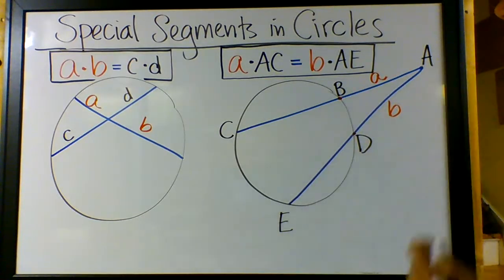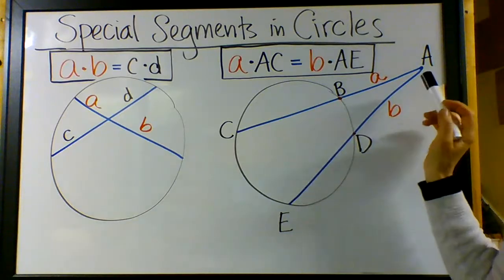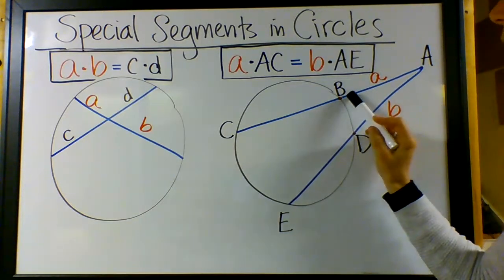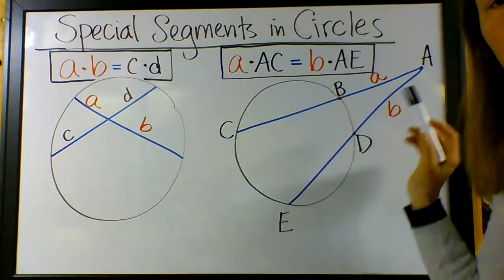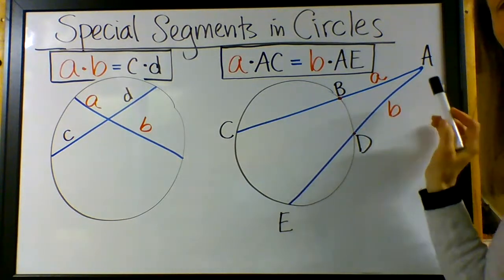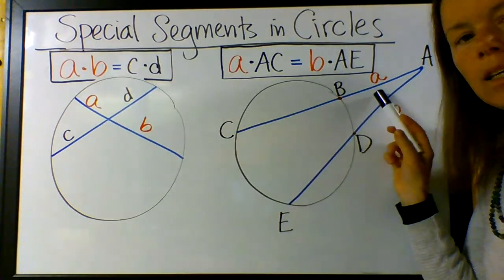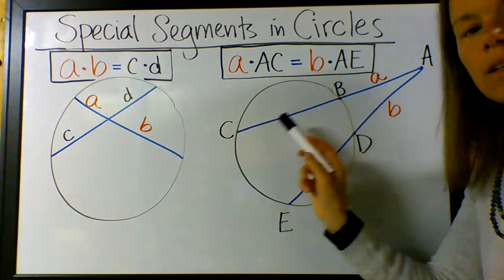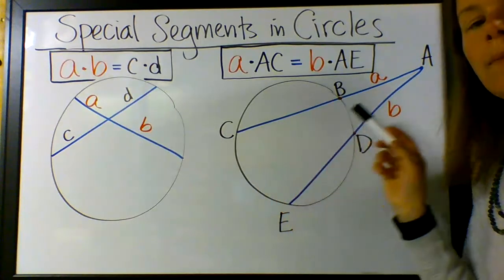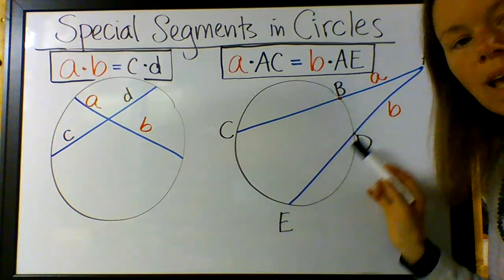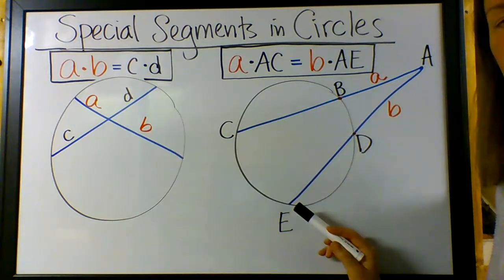And so what we find here, especially if we experimented with it, is that the segment outside the circle times the whole thing equals the segment outside the circle times the whole thing. So in this case, A here times AC, the whole segment, so the little one times the big one, equals B times AE, the outside piece times the whole thing.